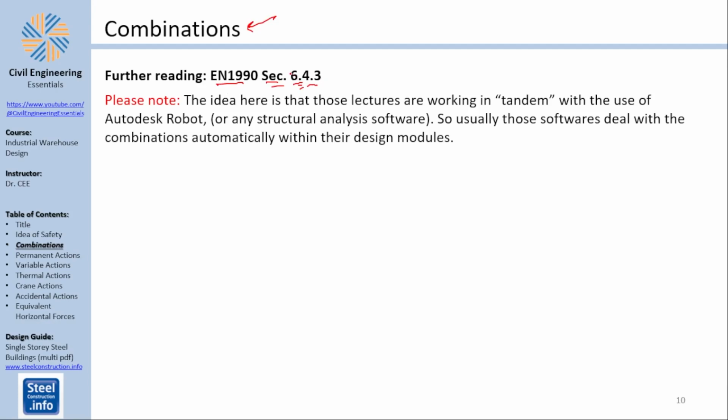And note here that the reason of the video lectures today is not to dive into the Eurocodes themselves, because, for example for the combinations, software like Autodesk Robot or most analysis software is able to produce the combinations themselves without any input from the user. So because this video series works in tandem with our Robot series, I will not dive into those equations.